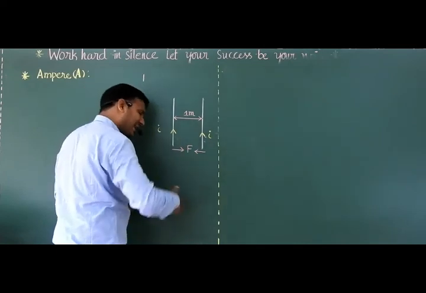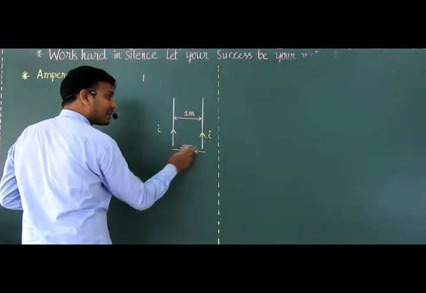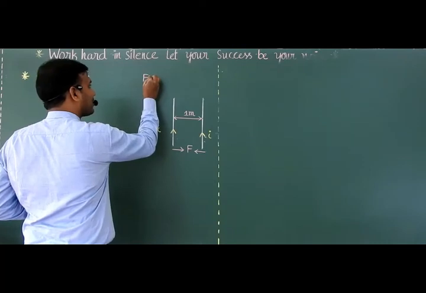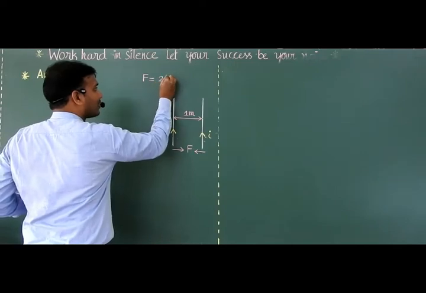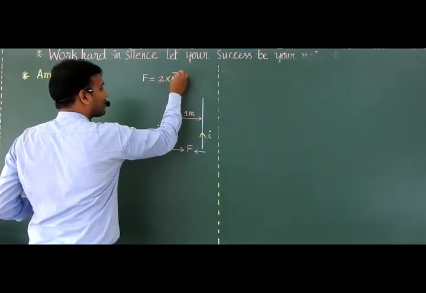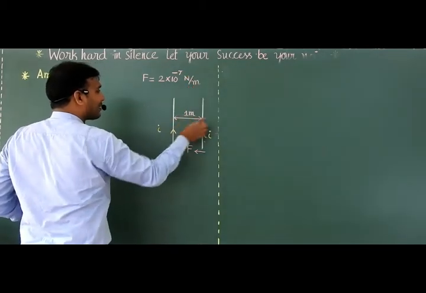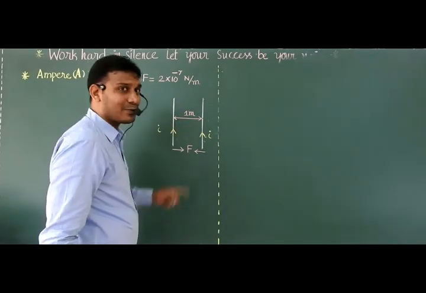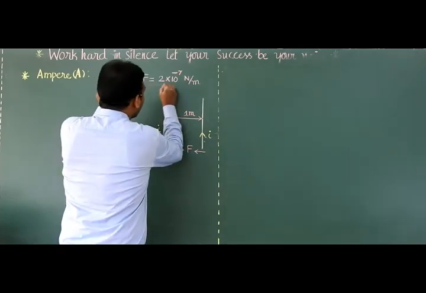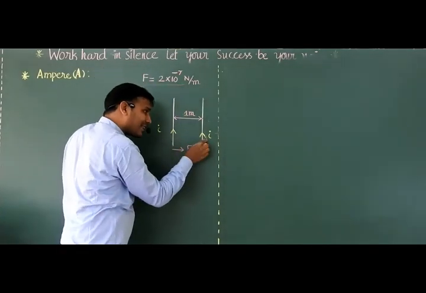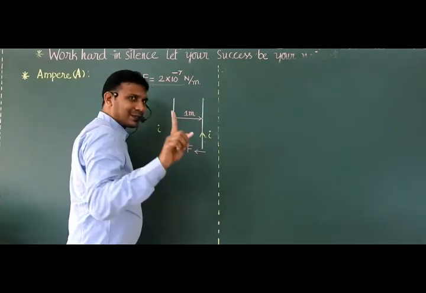But at one particular value of I, if the force between these two conductors is equal to 2 into 10 raised to minus 7 Newton per meter length of these conducting wires, then whatever the current flowing through these two thin parallel straight conductors is said to be 1 ampere.